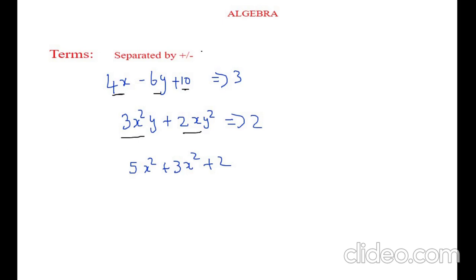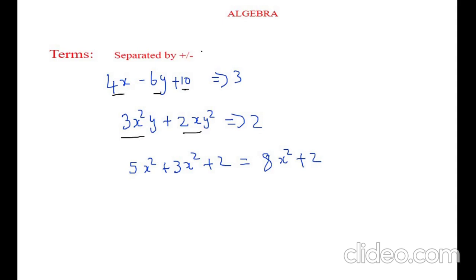So we can add these two. Since these two are the same, we can add them. So we can write this as 8x square plus 2. We can simplify that first and then write the expression. So it is 8x square plus 2.